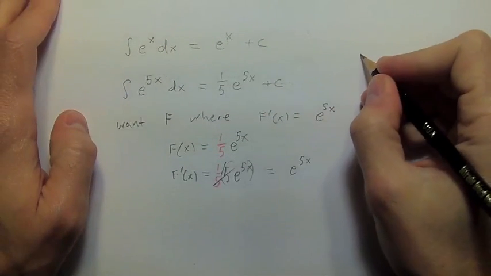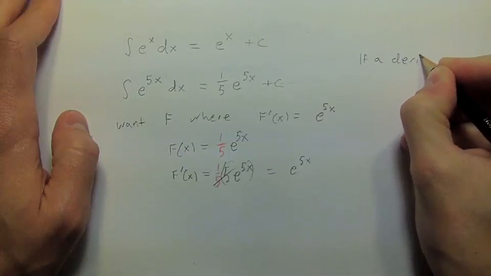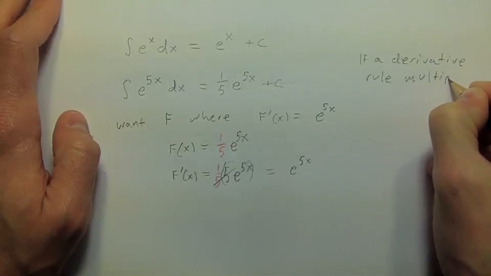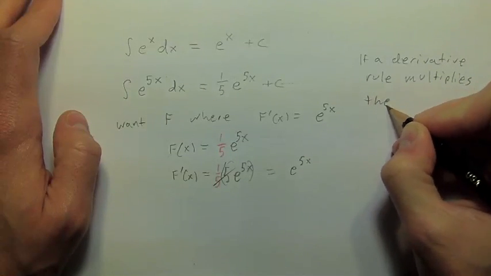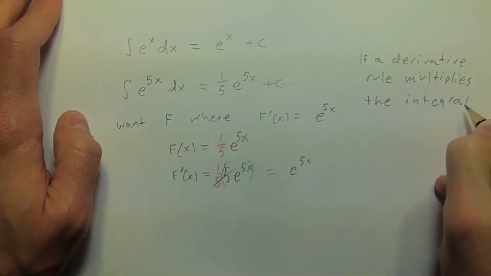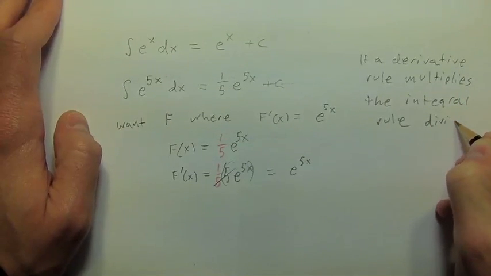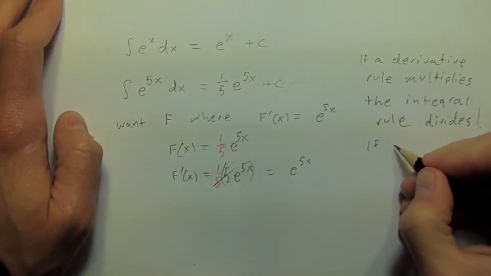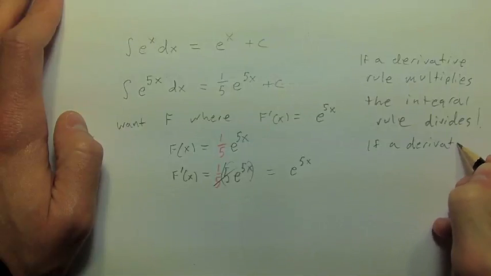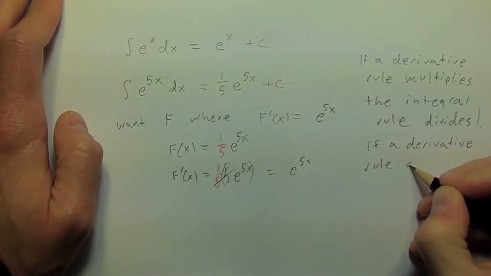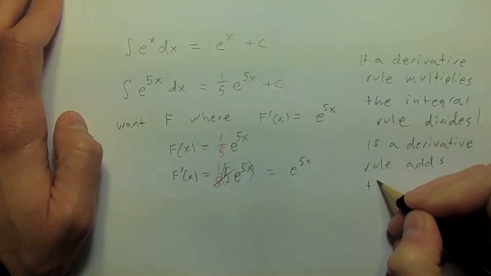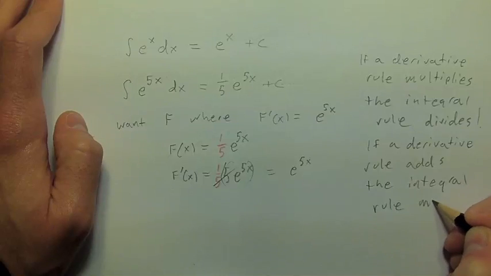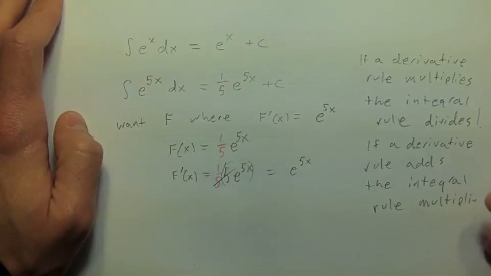So if a derivative rule multiplies, the integral rule divides. Okay? If a derivative rule adds, okay, the integral rule, or, excuse me, subtracts.